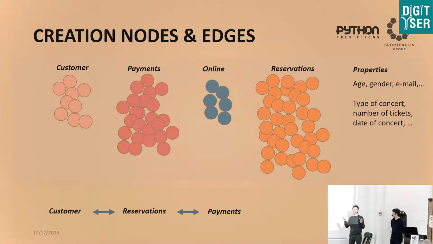And actually, those two relationships are already a nice way of detecting extra potential fraud cases. We also have a lot of properties that can be added to the nodes, like age, like the lifetime, the country. These are also added as a property of the node, for example, for a customer. But you can also add the number of tickets to the reservation node as property, and so on and so on.